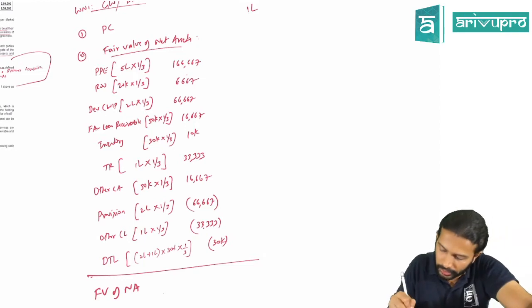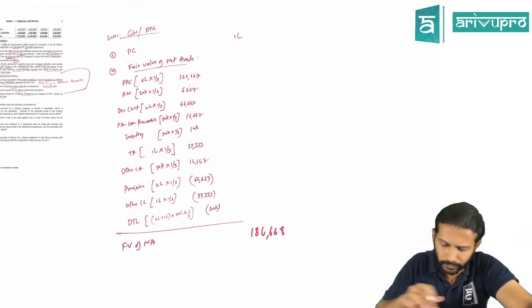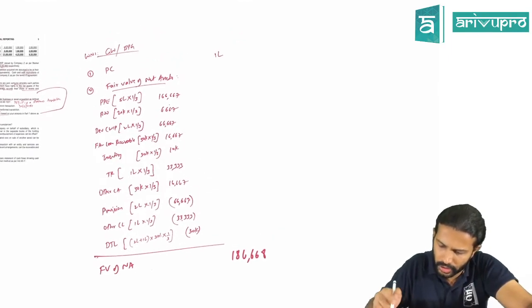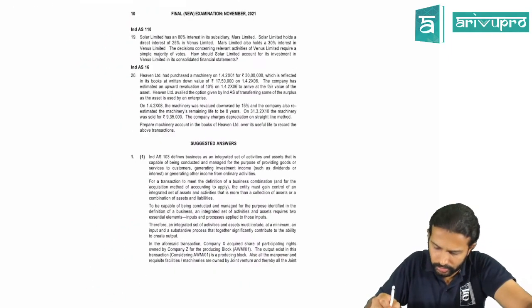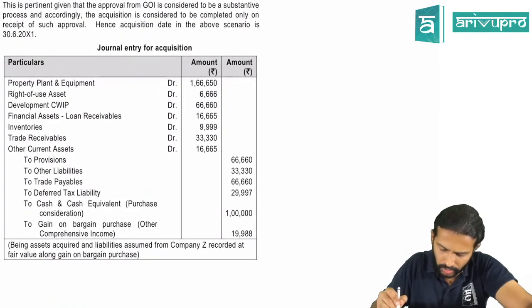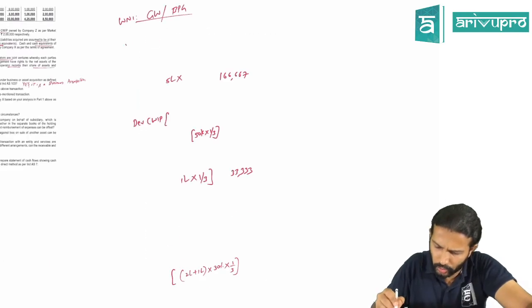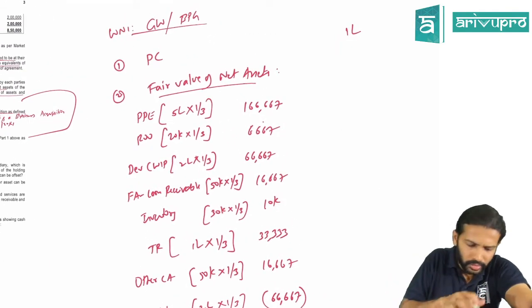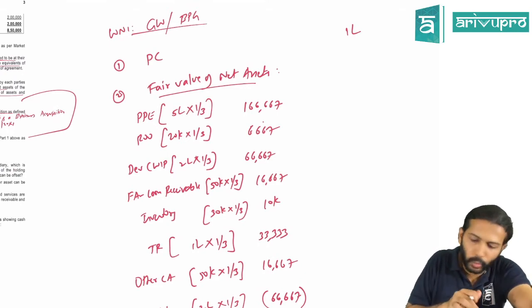If you do, my calculator is showing 1,86,668. Did I get the value right, or did I do any calculation mistake there? Let me quickly check.